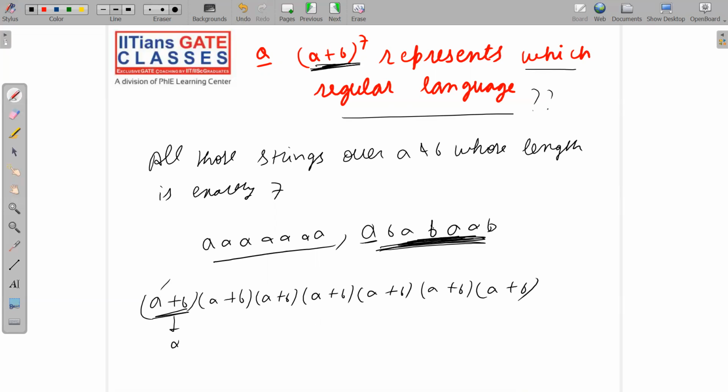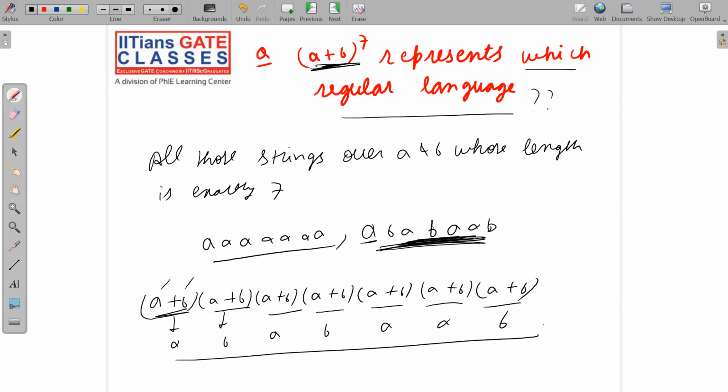You have a choice, either you pick a or you pick b. I have chosen a. From here I have picked b. From here a. From here b. From here a. From here a. From here b. So I have got this string from this. So whatever string you say of 7 length, that string will be represented by this regular expression only. I have given you proper explanation. Please try to note it down.